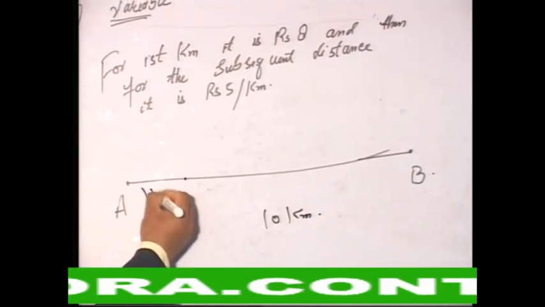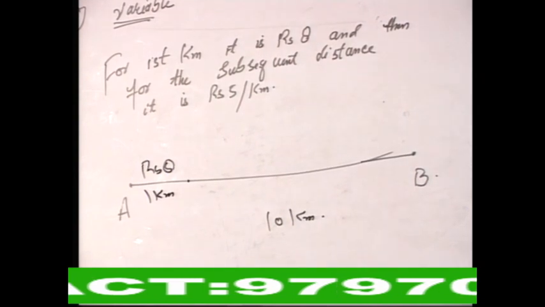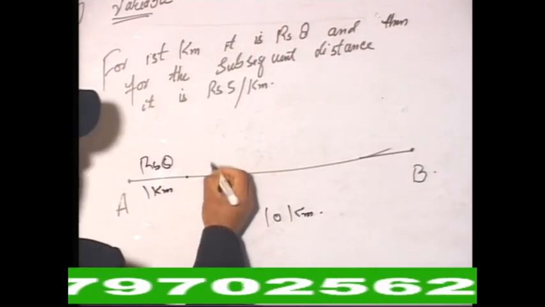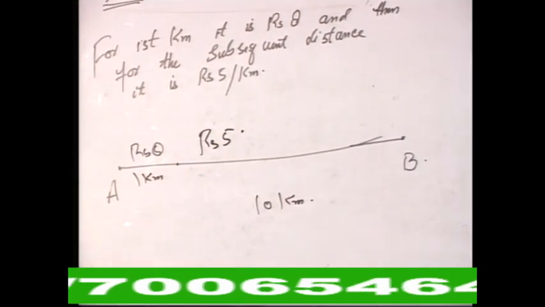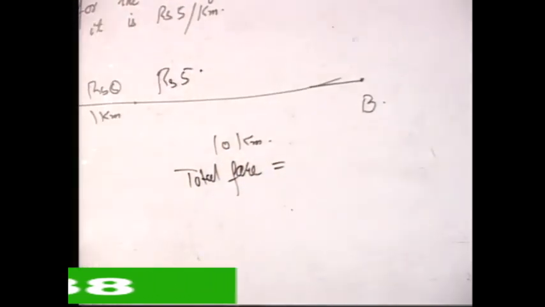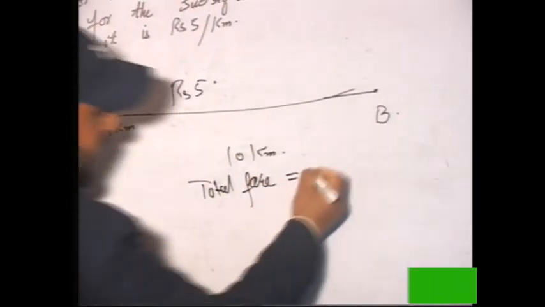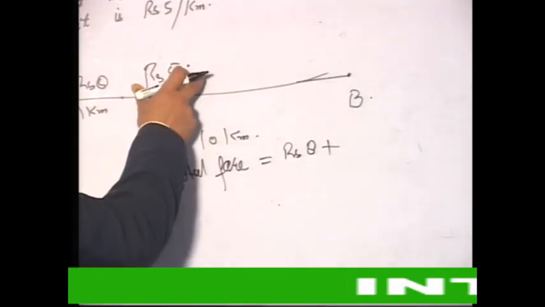For the first kilometer, he pays rupees 8, and for the remaining 9 kilometers, he pays rupees 5 per kilometer.